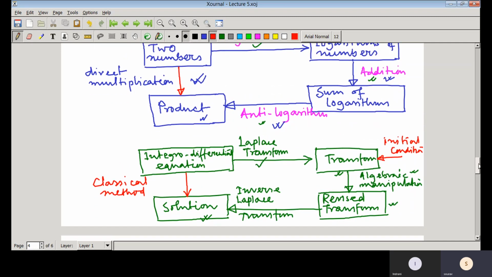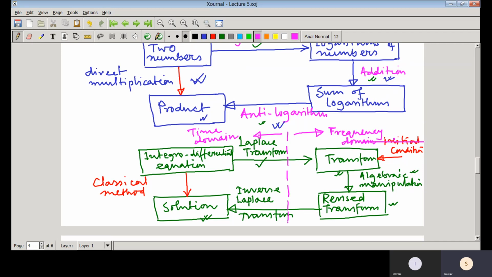And here there is one very important concept. In this particular case, whenever we do the Laplace transform, this side is done in the time domain. And after the Laplace transform, when it comes into algebraic form, it becomes the frequency domain.